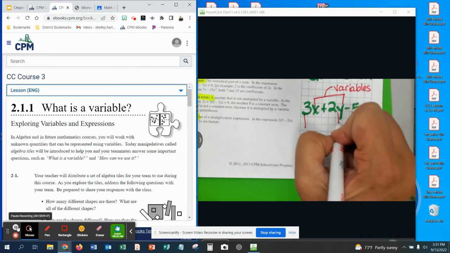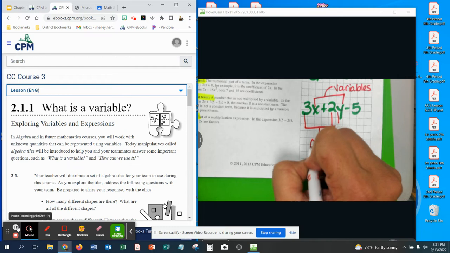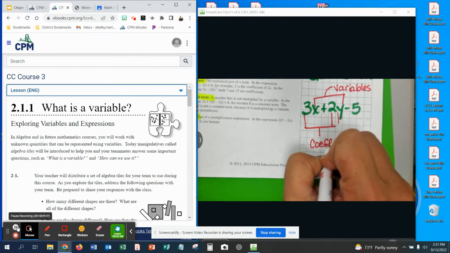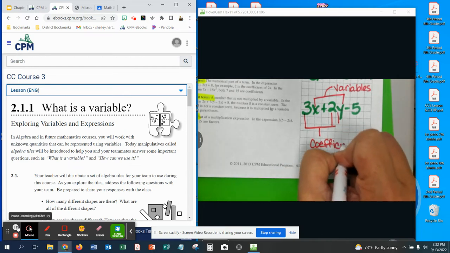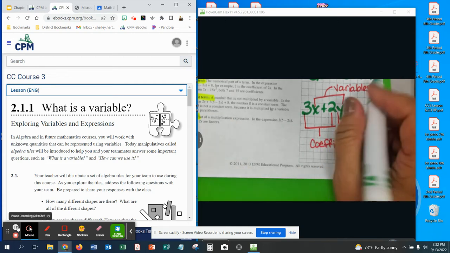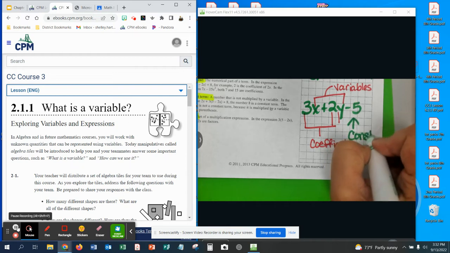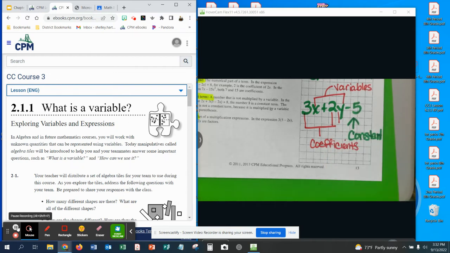These two things, this one and this one, are called coefficients. And this last one is called the constant or a constant. We need to know this vocabulary to know what they want us to touch when we're doing these problems, okay?